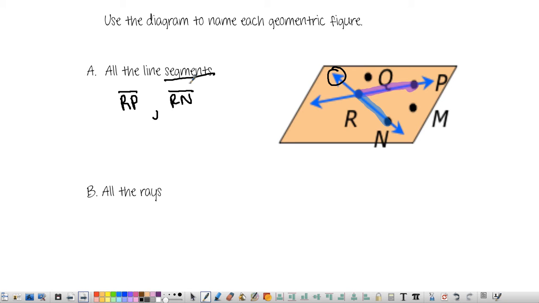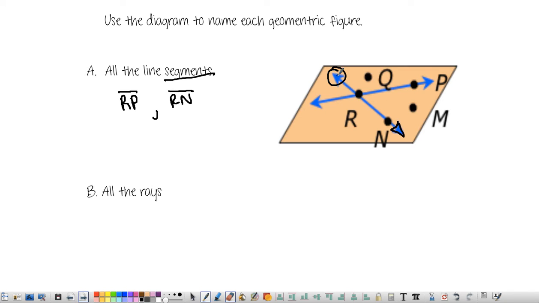If it said name all the line segments in all the ways, then yes, we would list those other ways. Now in this case, we're looking for the rays. So here, we're looking for an endpoint, and then for it to go on in one direction forever.